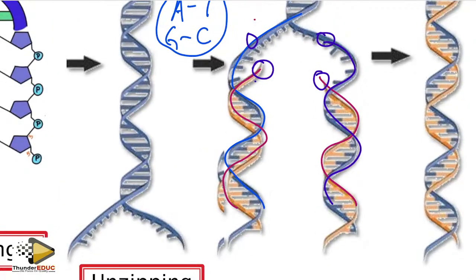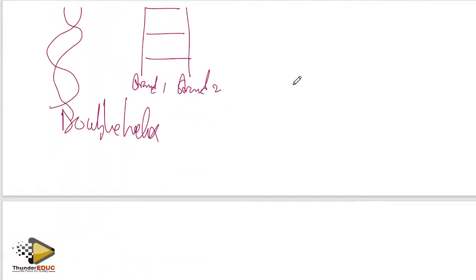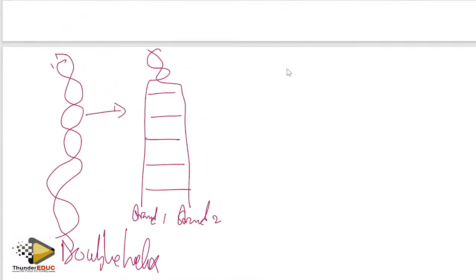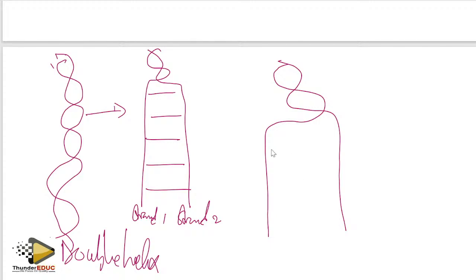Let me show you how these two new DNA are genetically identical. So you have DNA here. Let me say A, C, G. I'm not going to make it too long. A goes with T, and then C goes with G, and then C goes with G. So that is the first DNA.